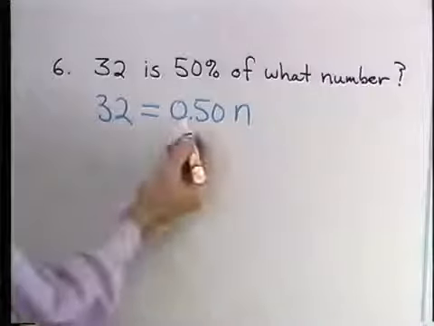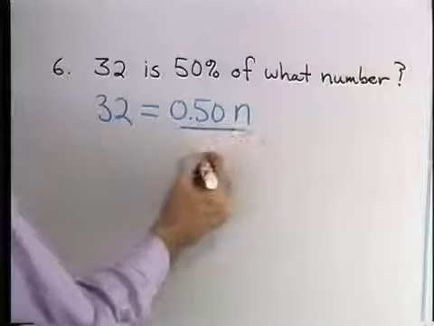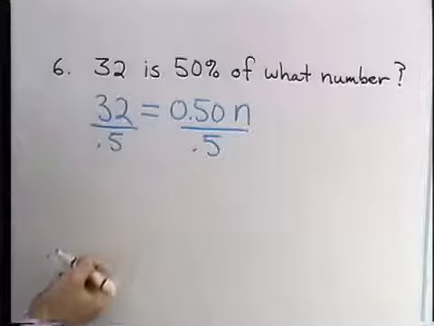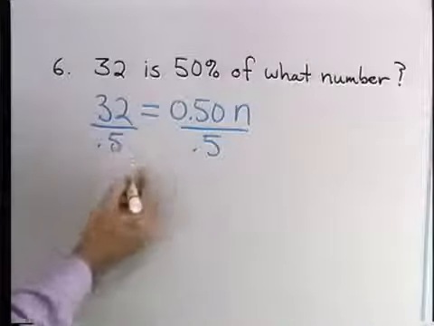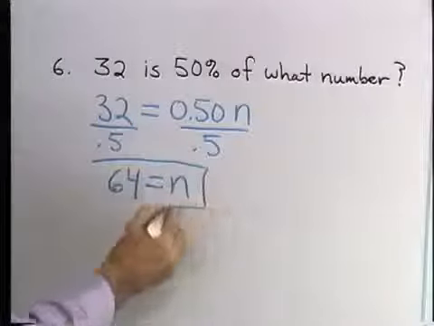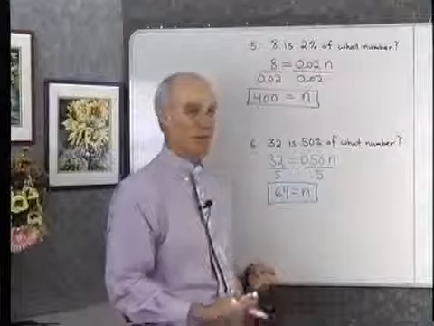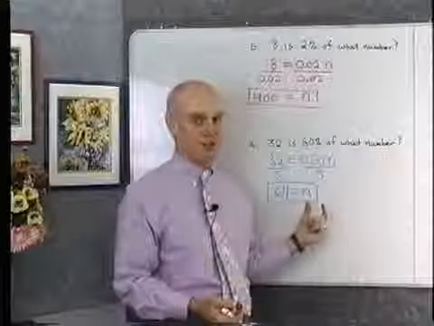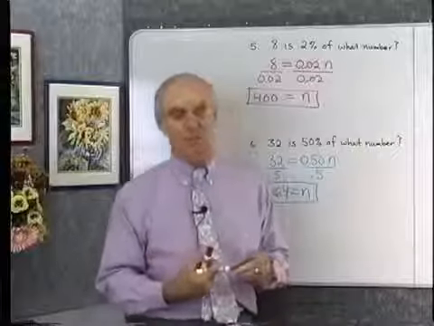So 32 is 0.5 times n. Divide both sides by 0.5. 32 divided by 1/2 is going to be 64. So n is equal to 64. So even if we don't have an intuitive grasp of a percent, we're still going to come out with the right answers by doing the translations this way. So there's a look at the basic percent problems.